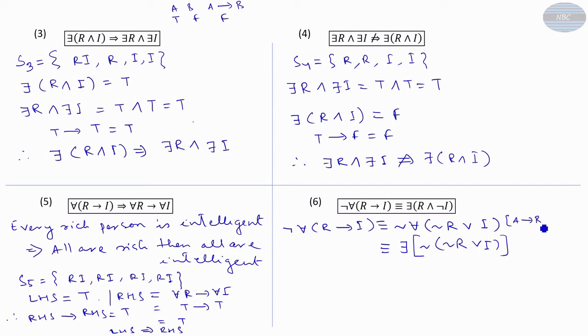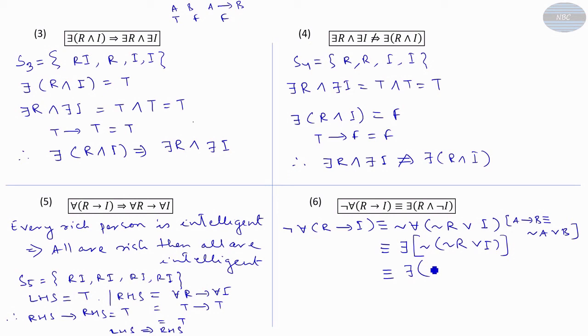A implication B is equivalent to negation A or B. Use De Morgan's law here.